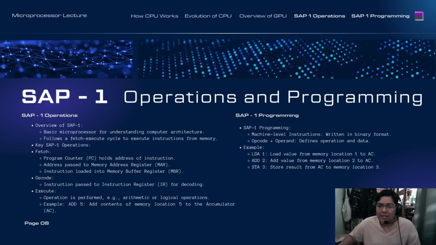And we also discussed examples of CPUs: for the desktop, we have Intel and AMD, and for smartphones, we have Qualcomm, MediaTek, and A-series Bionic for Apple. And for the GPU, we have NVIDIA, like those types.